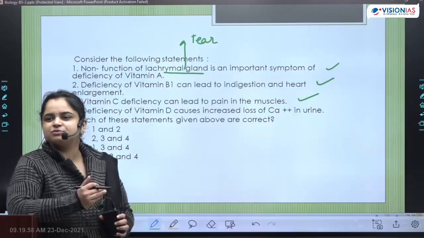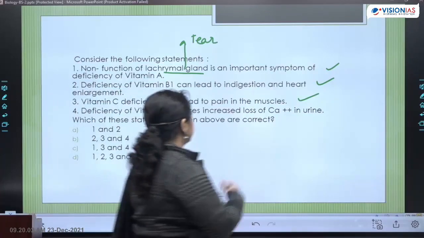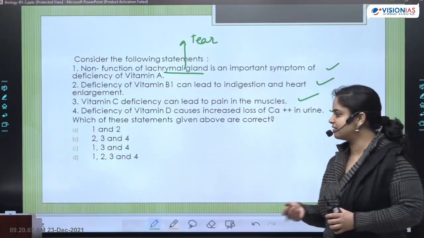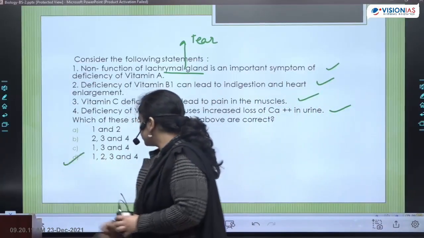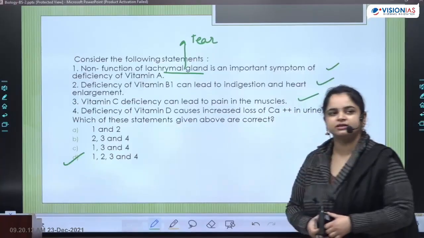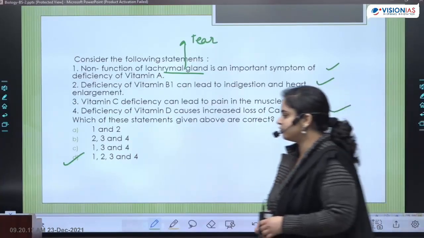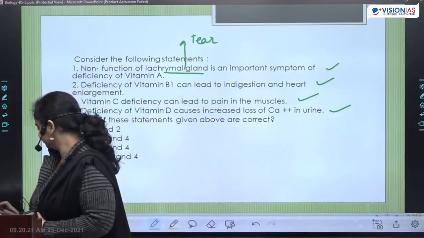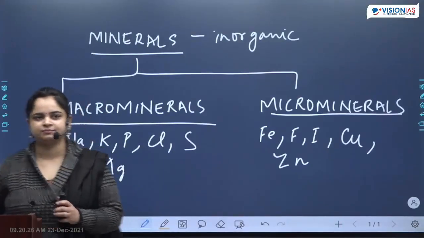Even if calcium is present, it will be lost from the body, and that loss is going to happen through the urine. So as you have said D, all four options are correct. 1, 2, 3 and 4. Okay, 1, 2, 3 and 4, all options are correct. Answer is D.